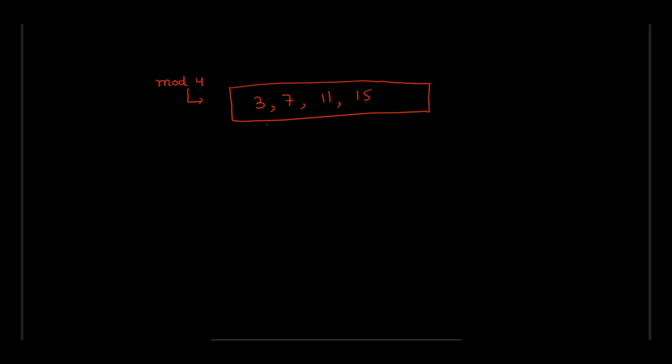So that's why we say that all the elements in this group are congruent to each other. Or in other words, if they are congruent to each other, it means that they produce the same remainder when divided by 4.